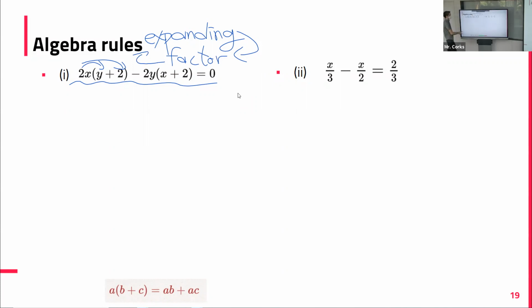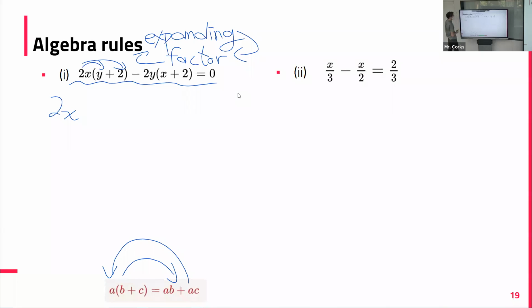But in this case, we're expanding here. We're expanding because we multiply the a by both, and factoring means we are taking out the common element from each. So factoring out a from both of those.